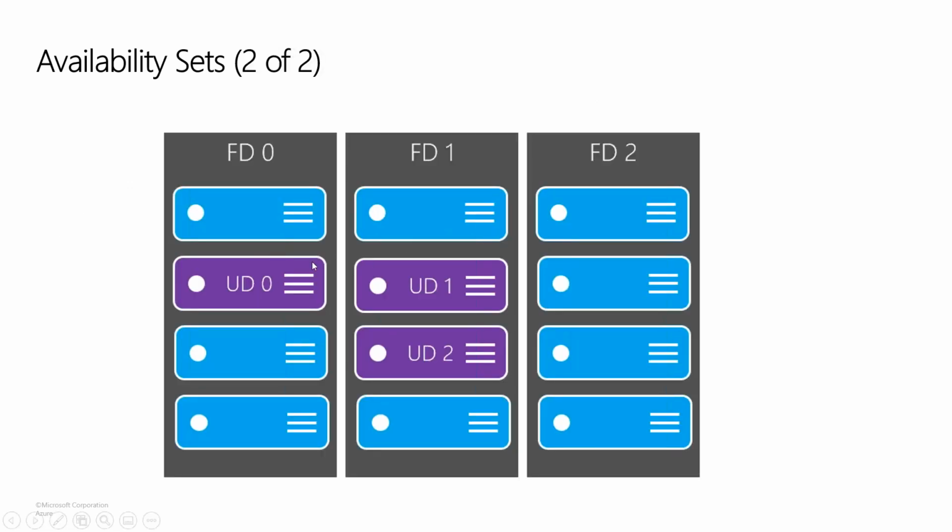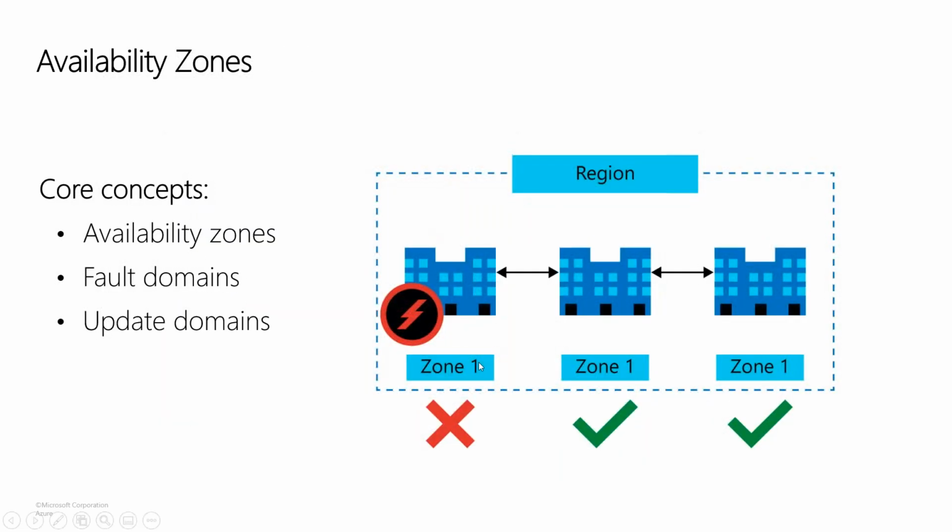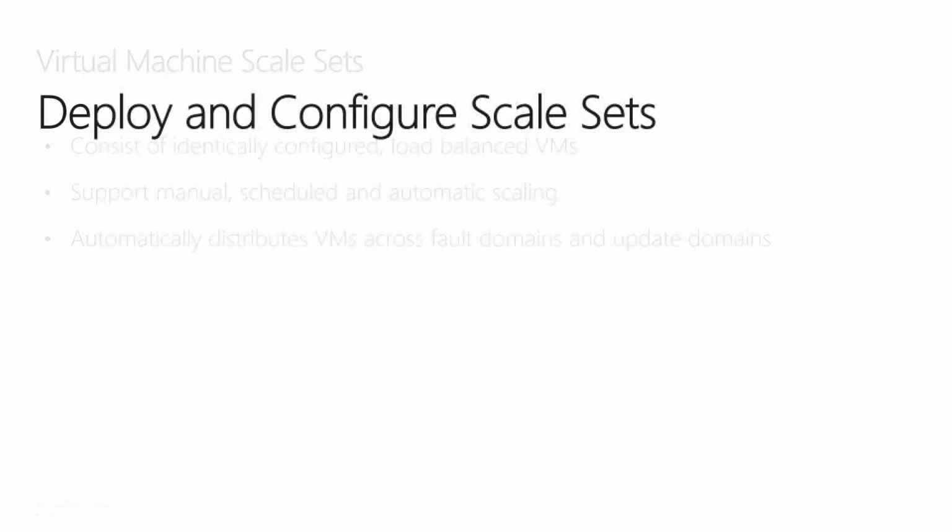It is something like this, FD UD. So in one region, if one zone has a failure, or there is a power failure or something, your application will be accessible from the other two availability zones. This is how it would be.